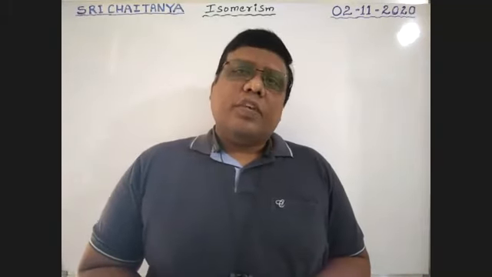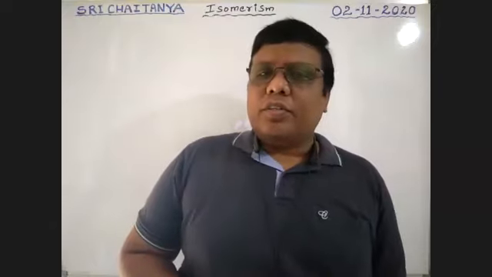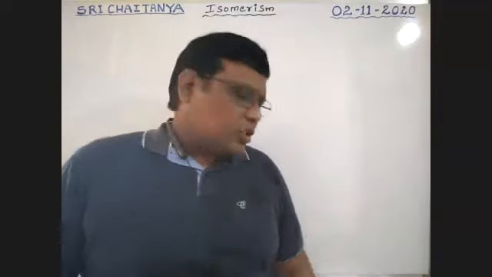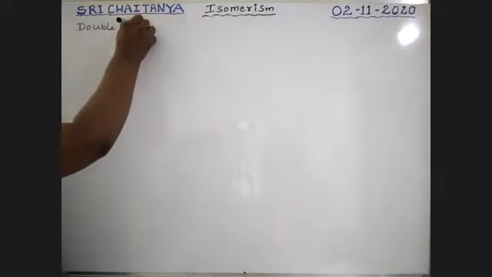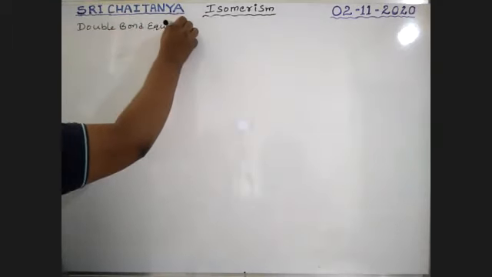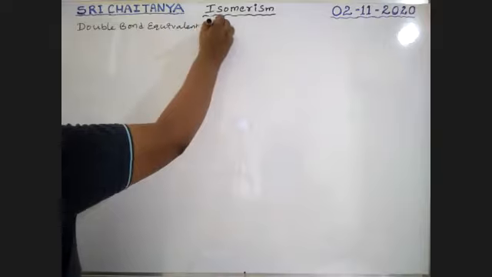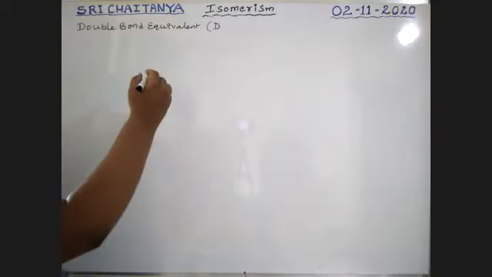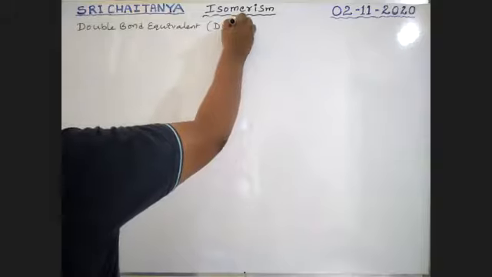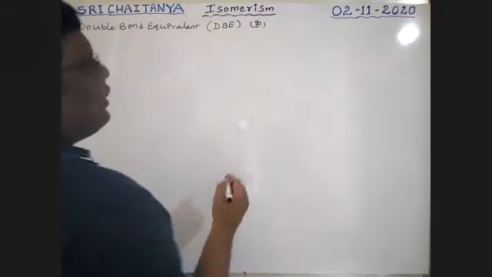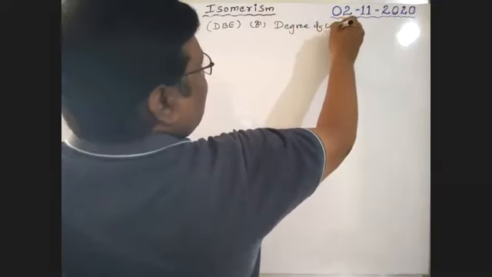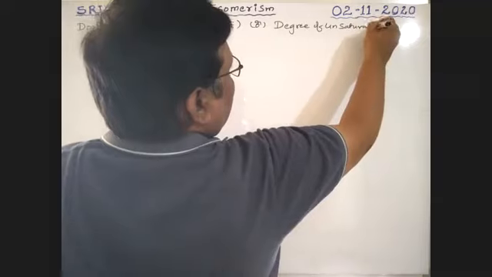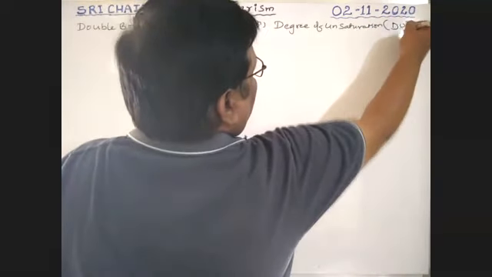Okay. So first of all, we are going to discuss double bond equivalent, which is also called DBE for short, or degree of unsaturation, DU only.